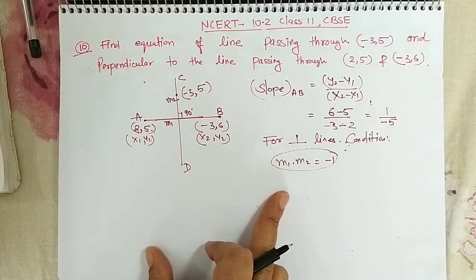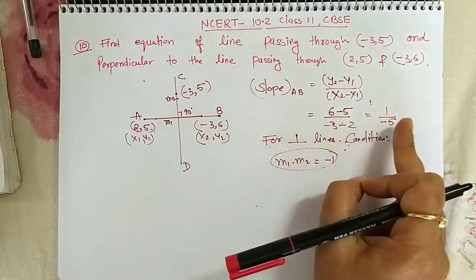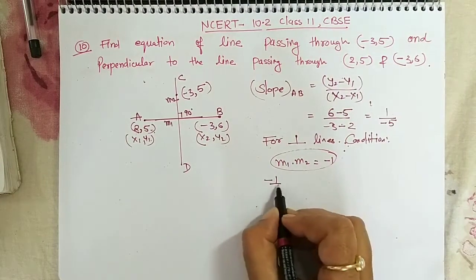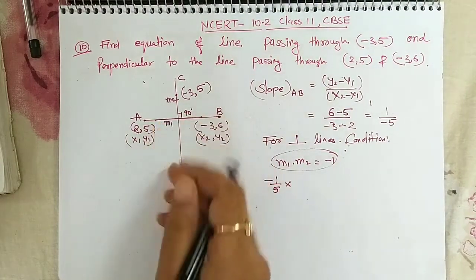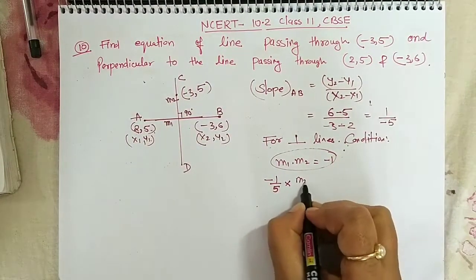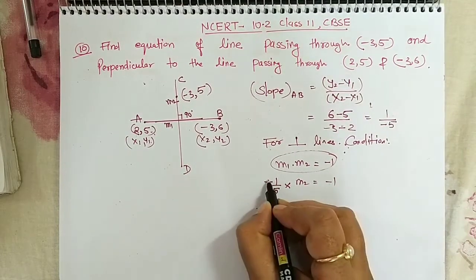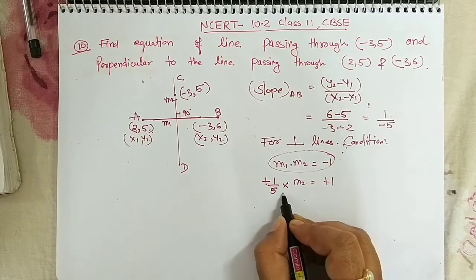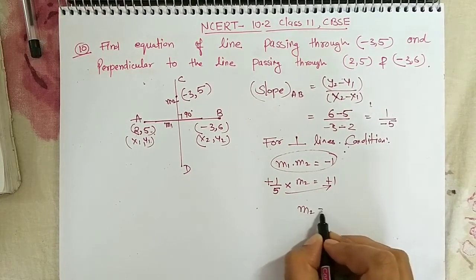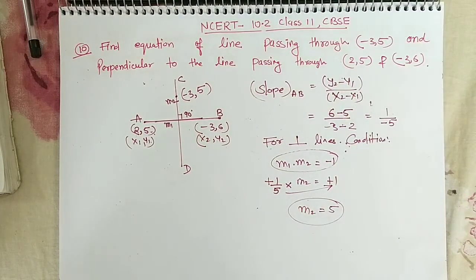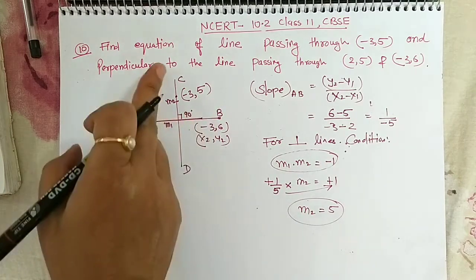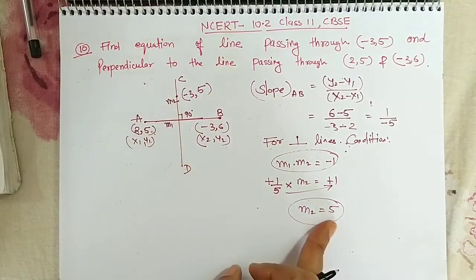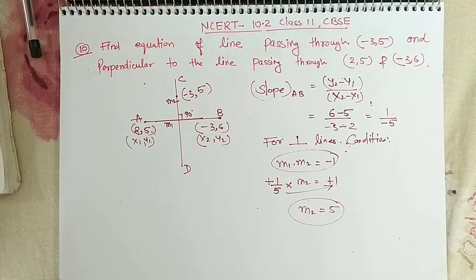So here m1 is this, which we just found, into m2, which we need, is -1. So this minus will become plus. If I solve it, 5 will go there, so m2 will become 5. That means the slope of line CD is 5.